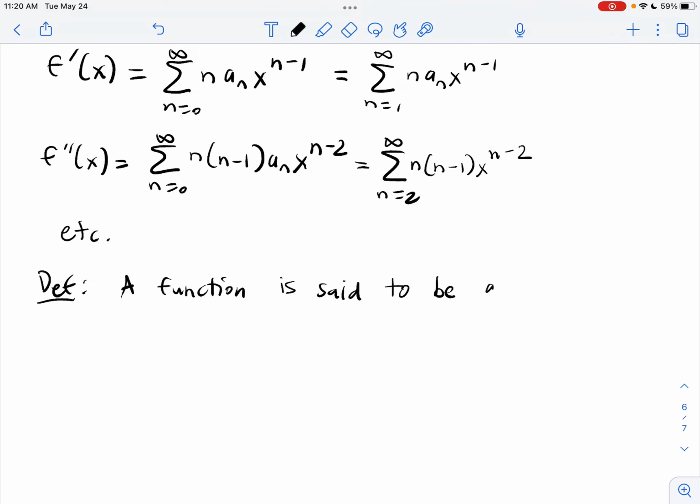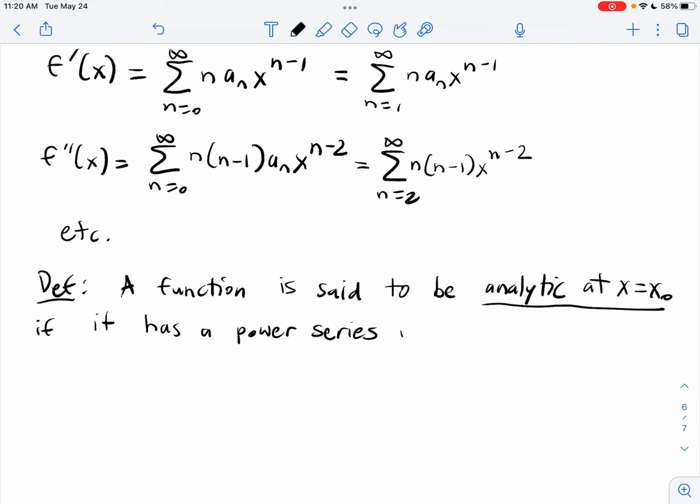A function is said to be analytic at x equals x naught if it has a power series representation, which, by the way, sometimes I will abbreviate power series representation like this, PSR.